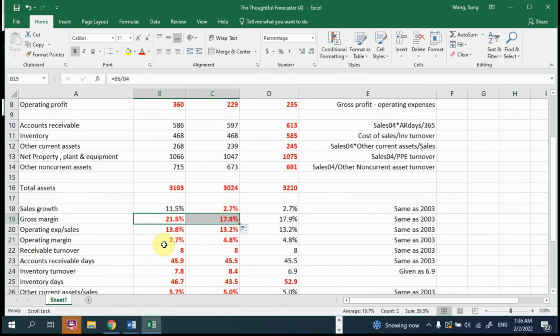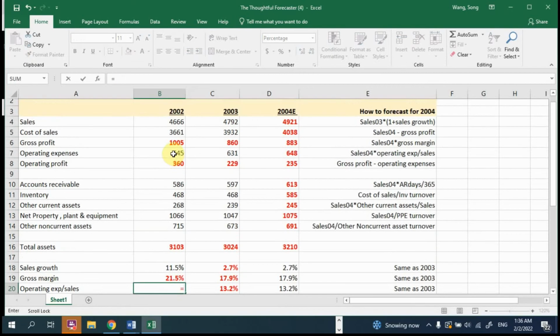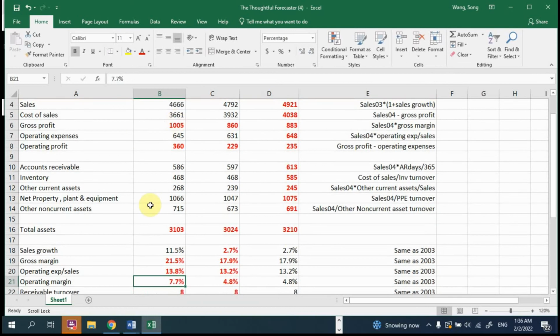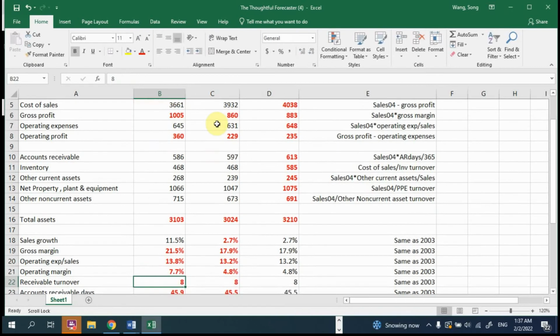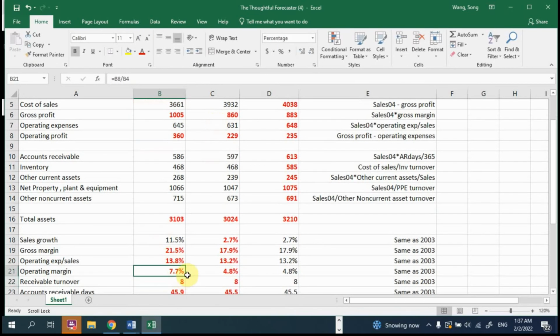For operating expense as a percentage of sales, we're going to use whatever we have here for operating expenses divided by the sales. There's no special name for it, so we just do what is asked. And for the operating margin, this is your operating profit divided by the amount of sales. Then you drag it.